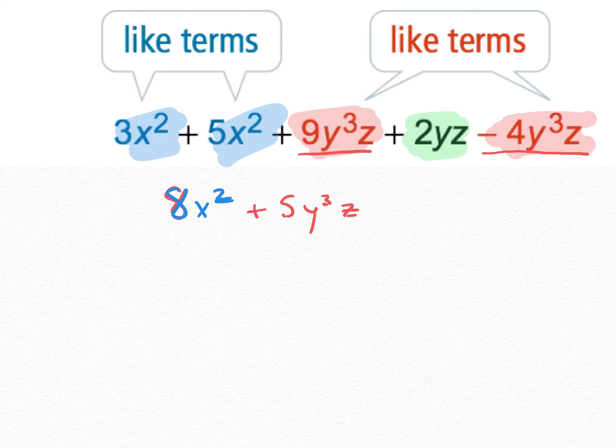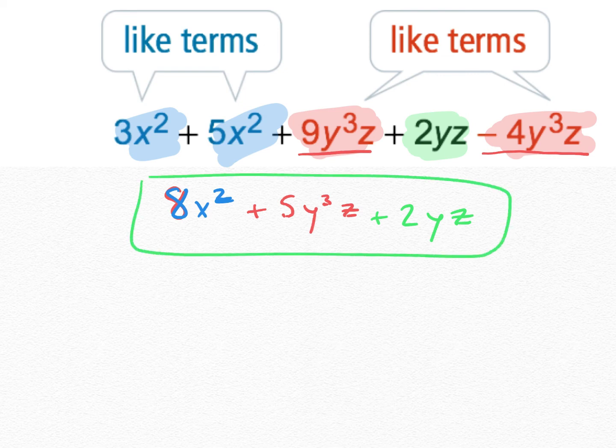And then we can't add anything to the 2yz, so that just stays the same. So this is the simplified expression here. We just combine the like terms to make it simplified.